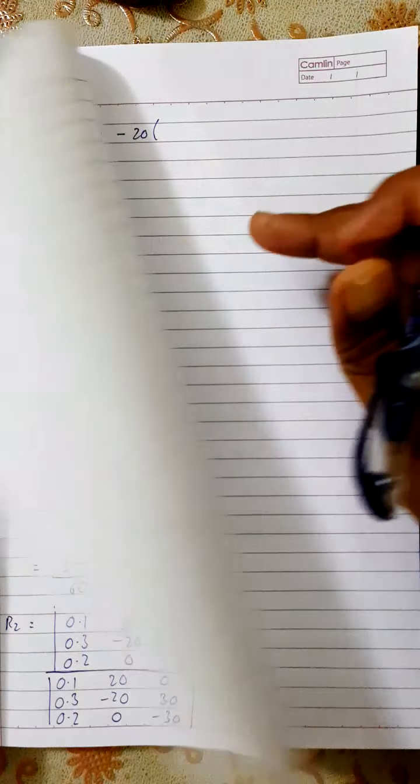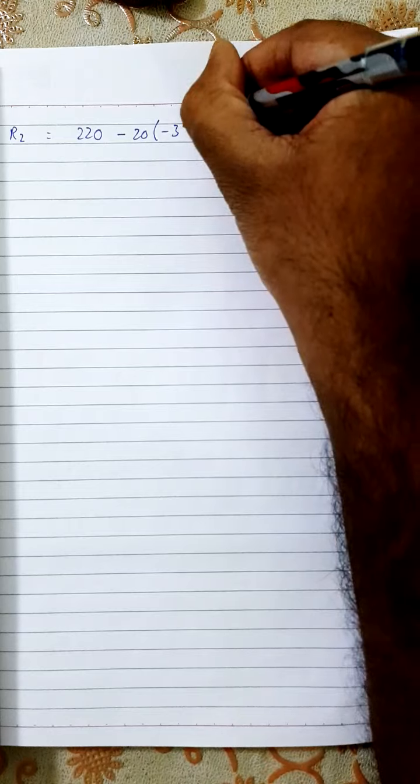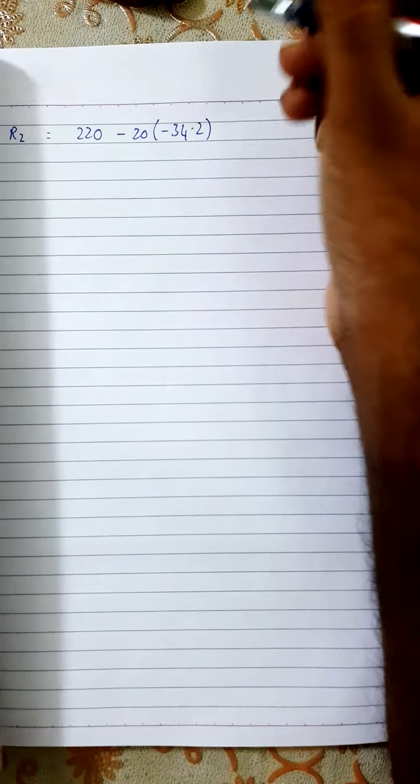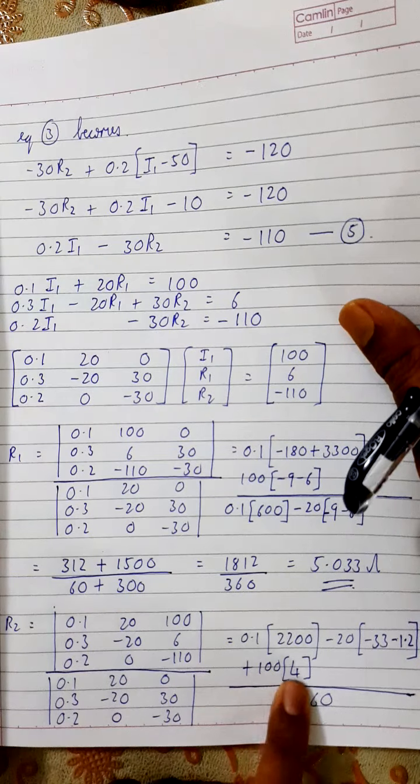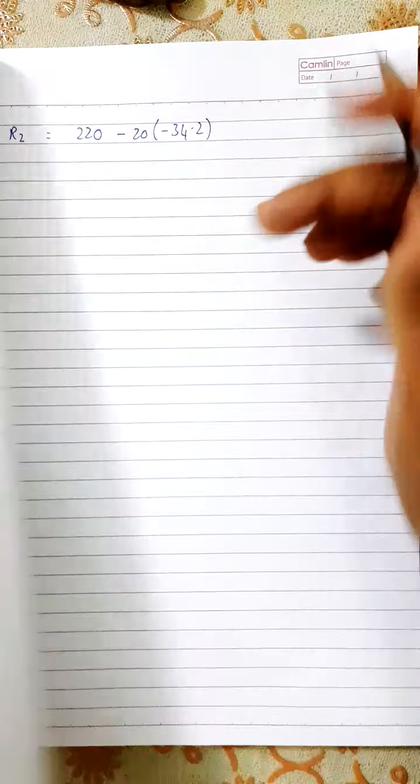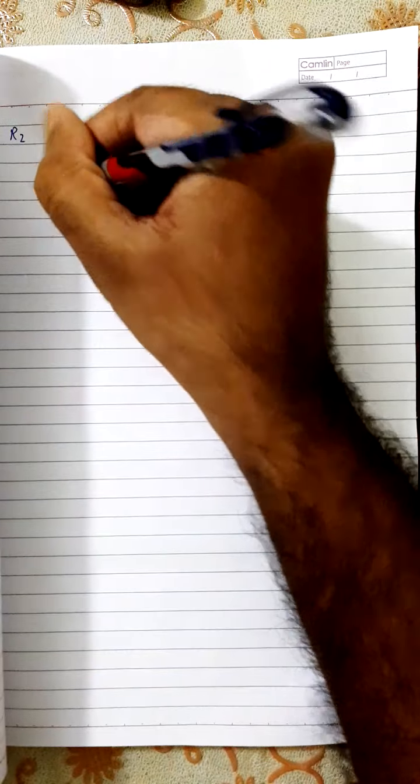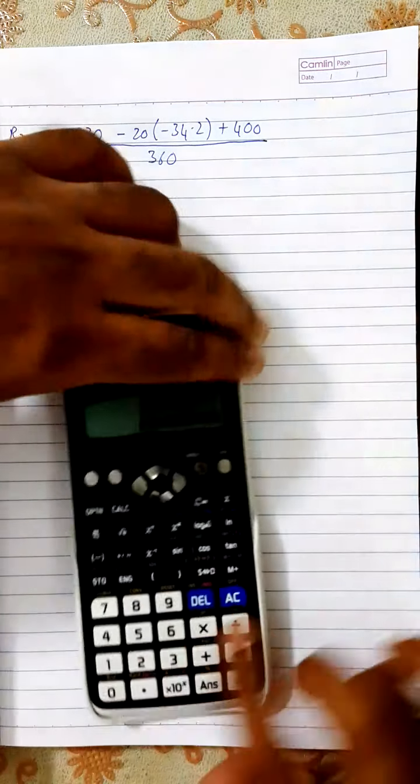So minus 34.2. Okay, and here it is plus 400. Plus 400, and the whole thing is divided by 360. This is the value of R2. Let's see what answer you get.